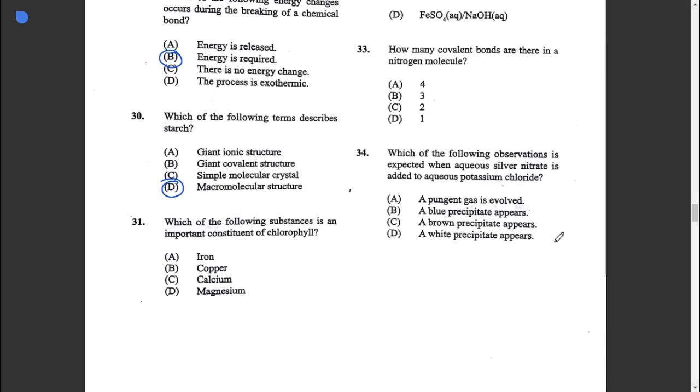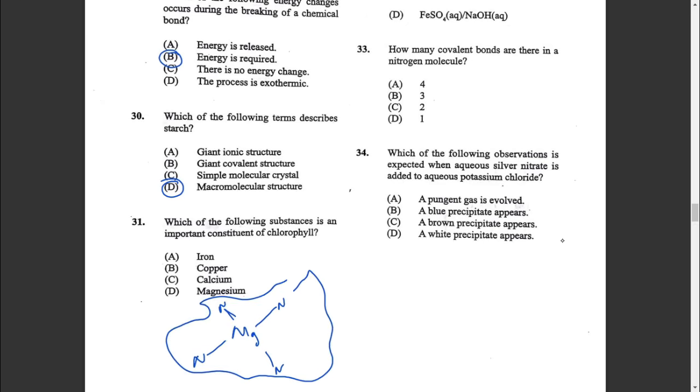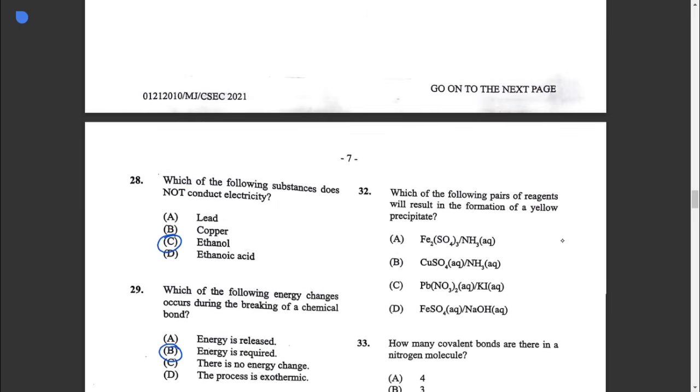Which of the following substances is an important constituent of chlorophyll? If you were to look at the structure of chlorophyll, you see that magnesium is right in the middle, with some nitrogen attached to it and other compounds surrounding the magnesium. So magnesium is what holds the structure of chlorophyll together, just like how iron binds hemoglobin.